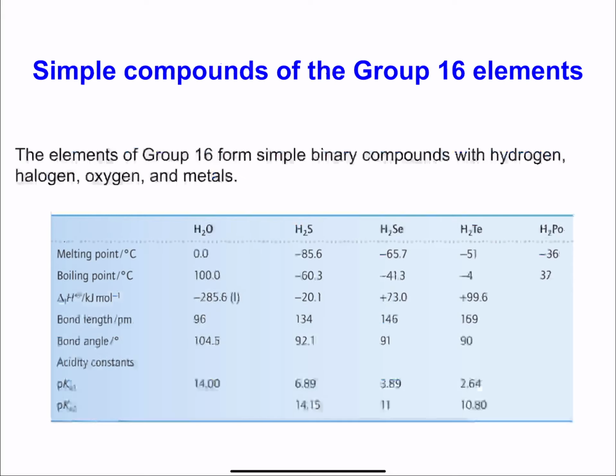For these slides, we're going to use the example of hydrogen binary compounds: water, hydrogen sulfide, hydrogen selenide, hydrogen telluride, and hydrogen polonide. If you look at those compounds, water has the highest melting point.